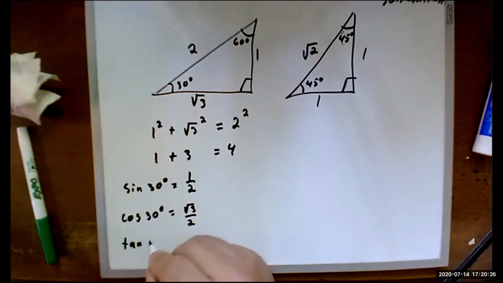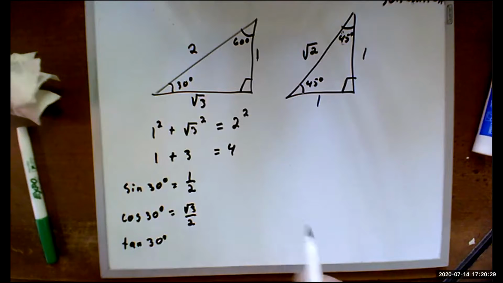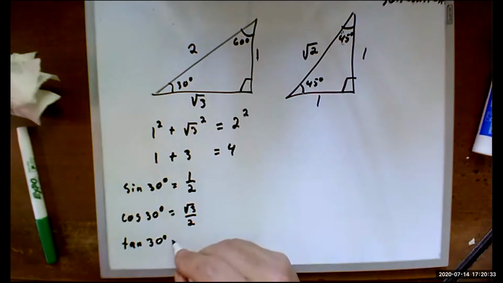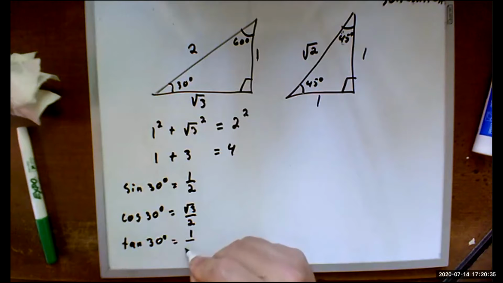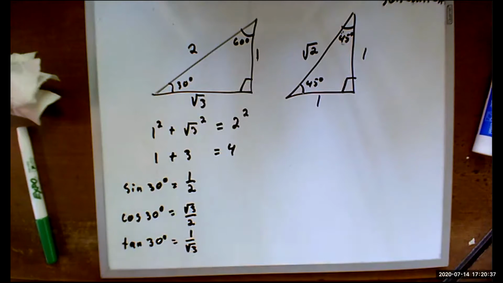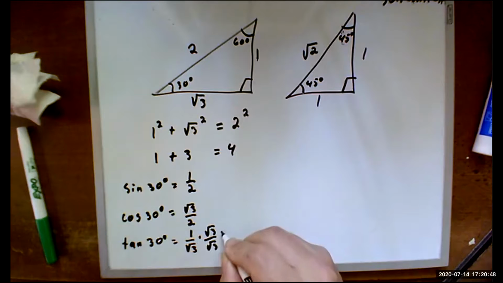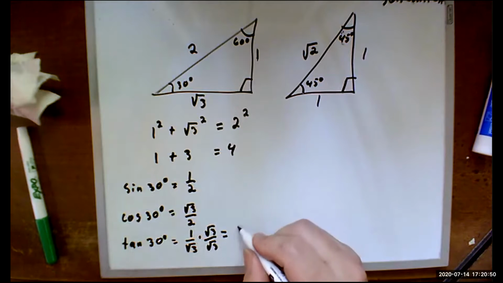And just to finish off the set, if I then do tangent of 30 degrees, again, that's going to be opposite over adjacent, which says 1 over root 3. For reasons we're going to get into later, this actually gets represented with the radical gone from the bottom and moved up top.